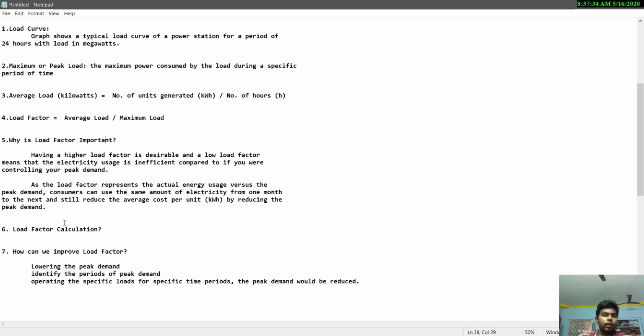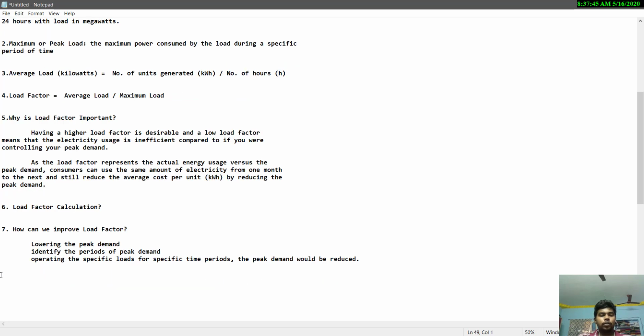We have seen two examples of load factor calculation, then how to improve load factor, and finally the diversity factor.